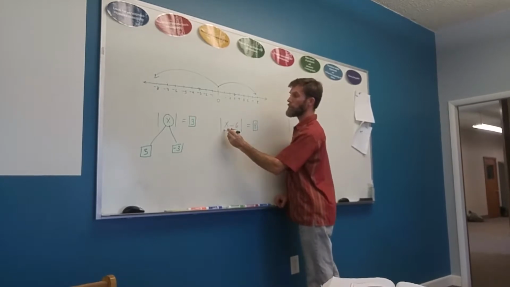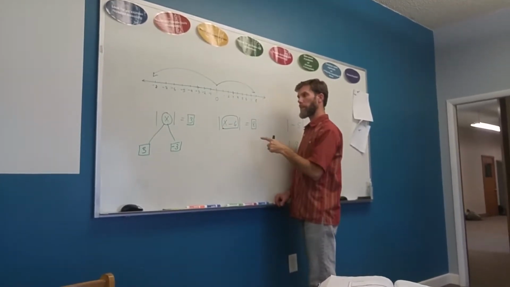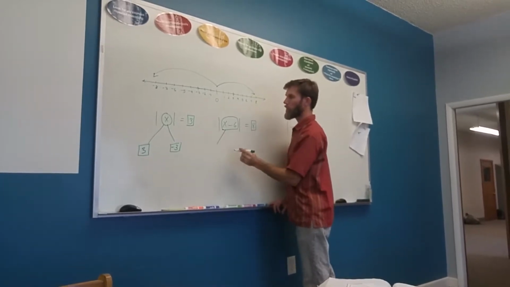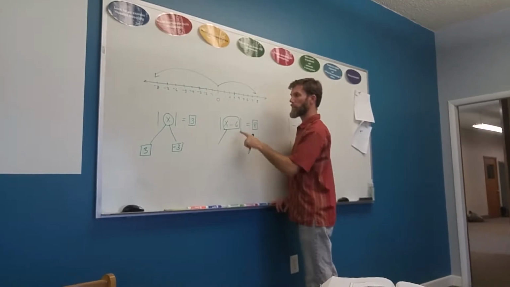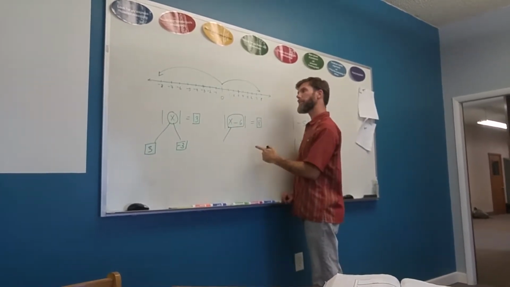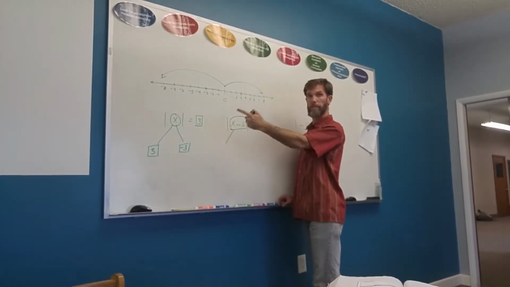No. Because it's this whole piece that is 8 or -8 from 0. So what I should be thinking to myself is, what can I put in for x to make this whole piece equal 8? Or what can I put in for x to make this whole piece equal -8?